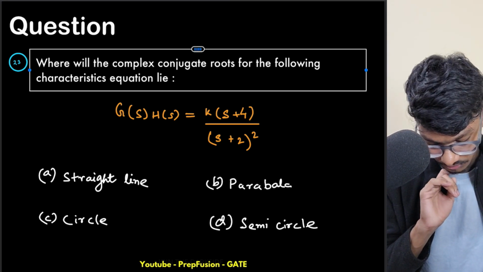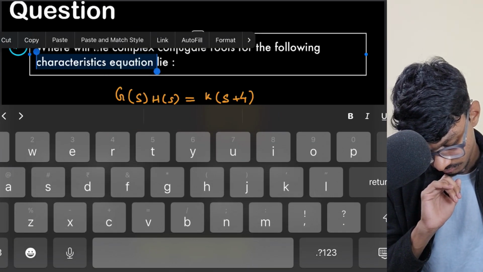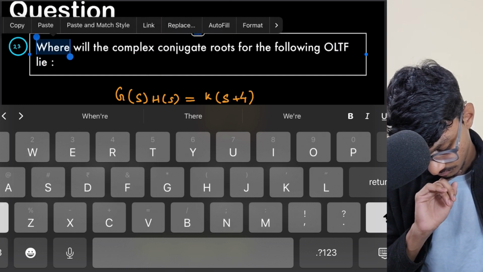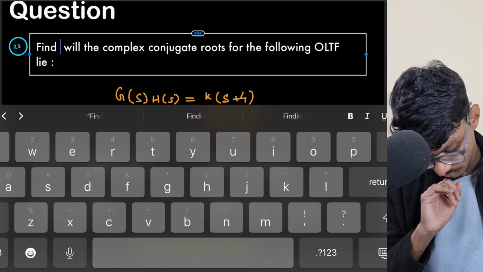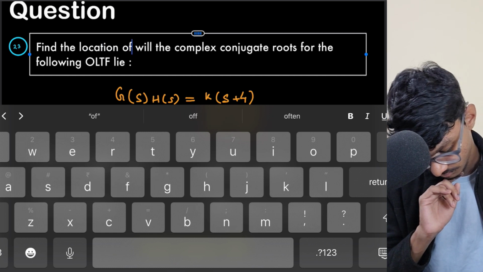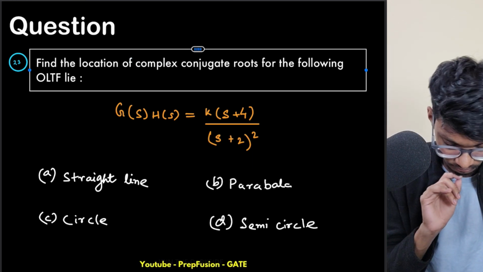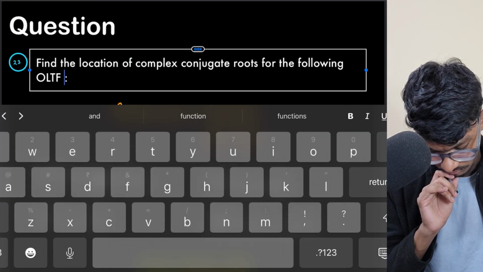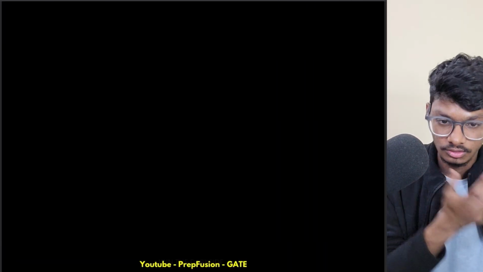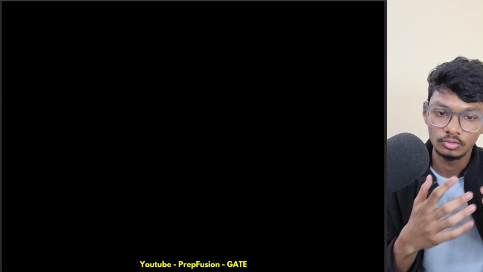So the OLTF is given, and we have to find the complex conjugate roots. Let's try to plot the root locus with intuition itself.